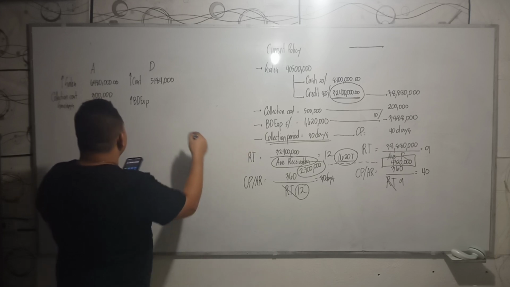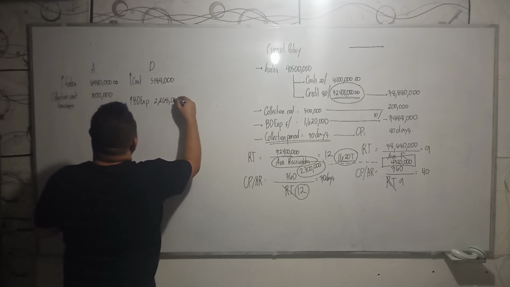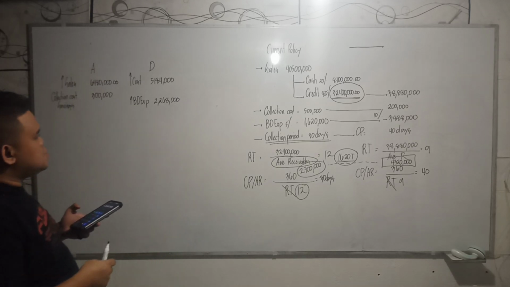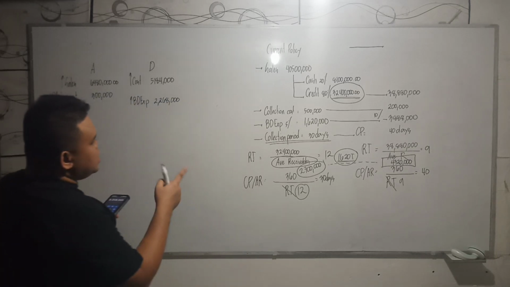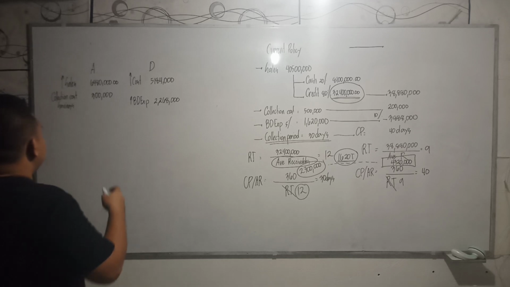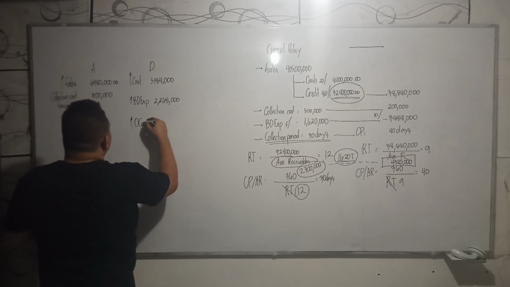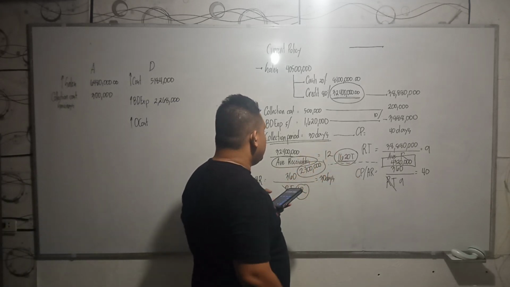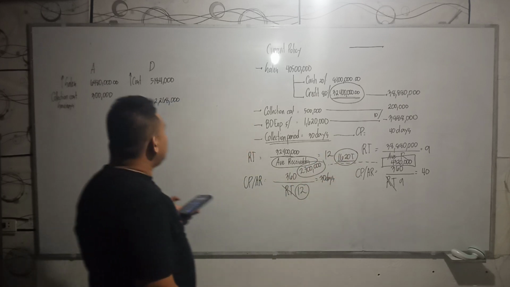The difference of the two, which is 2,268,000. And lastly, we have the increase in the receivables. That is a disadvantage because there will be an increased opportunity cost because you invested more in the receivables.